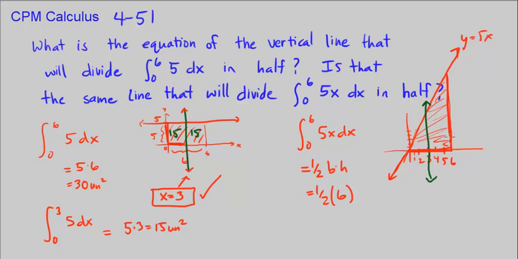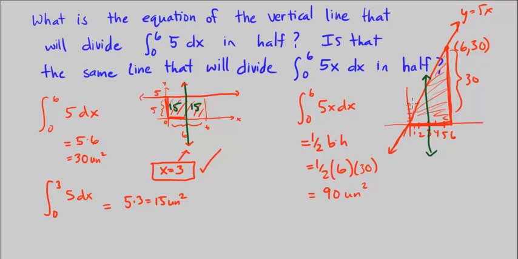The height is, when I plug 6 into x, the point 6 comma 5 times 6, which is 30. So this height is 30. Half of 6 is 3, and 3 times 30 is 90. So 90 units squared is the area of the triangle.